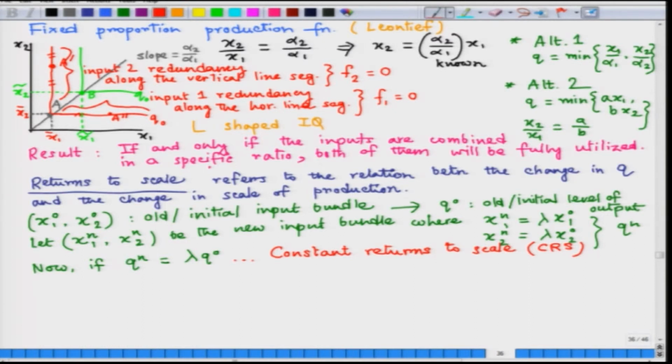But there can be other cases as well, right. So, if Qn is less than lambda Q naught, then what happens? Then basically output increases less than proportionally, and that is known as decreasing returns to scale.